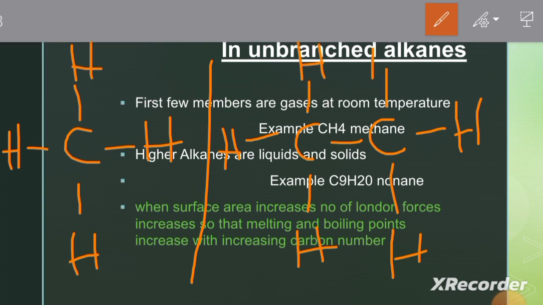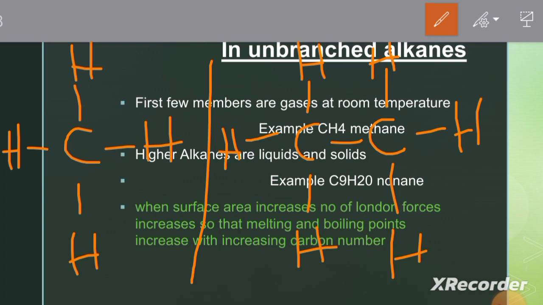So when the surface area increases, the number of London forces increases, so that the boiling points and the melting points increase. First few members have the least number of carbon, and when going to higher alkanes, the carbon number increases, so that the surface area increases.